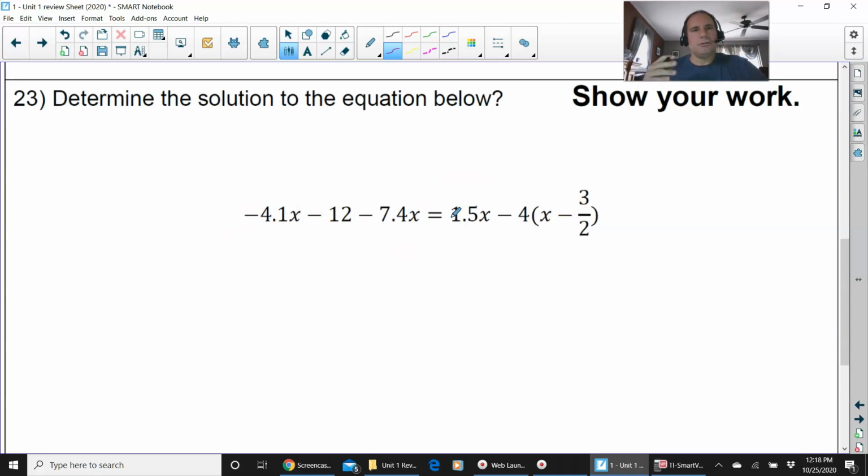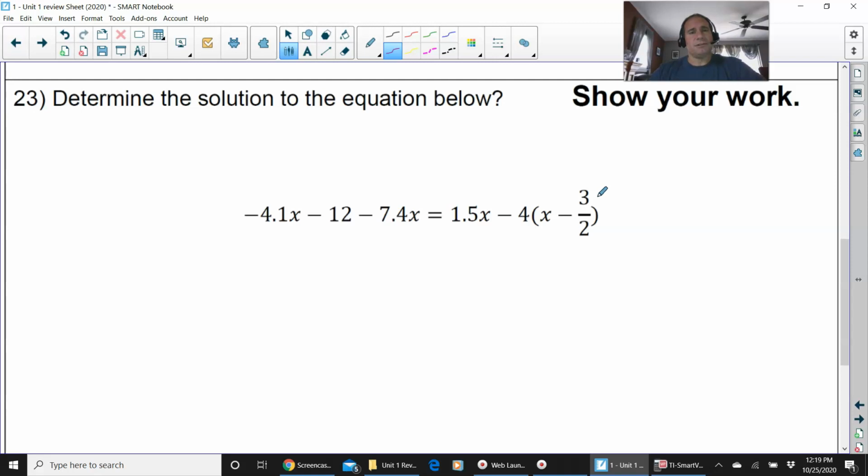Don't do anything about moving numbers across the equal sign until you take care of the left-hand side. Combine like terms first. Get it down to 2 terms. Then on this side, distribute. Combine like terms and then solve. Right? Moving things across. Try the problem. Go ahead. Give it your best.